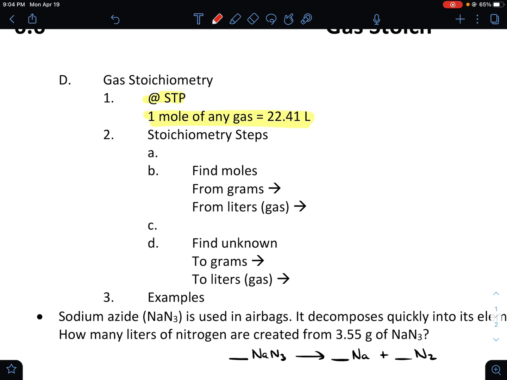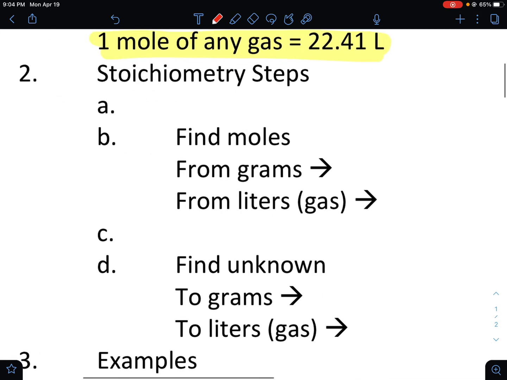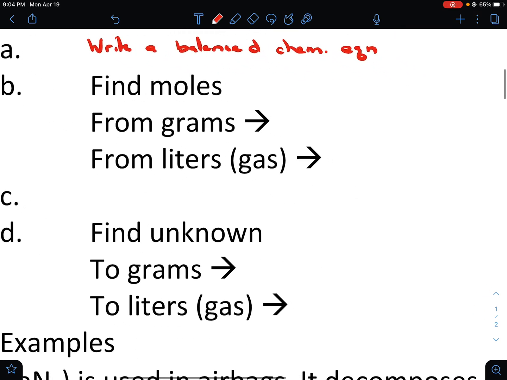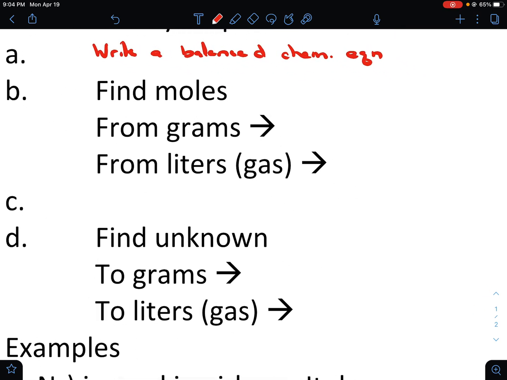The very first step has not changed. Our first step is to write a balanced chemical equation. Our second step then is to find moles. Now, when we did stoichiometry before, we just did grams, right? When we went from grams, we divided by the molar mass.